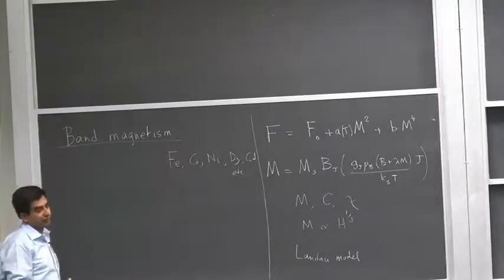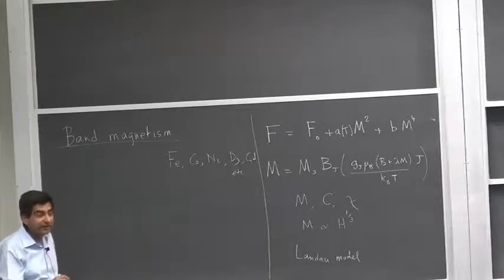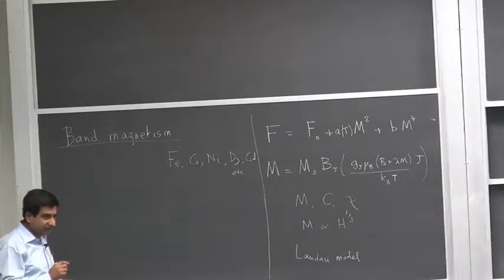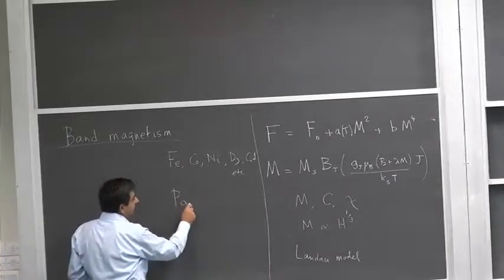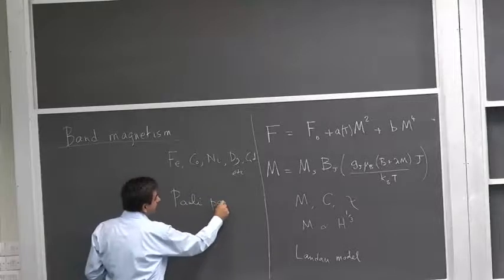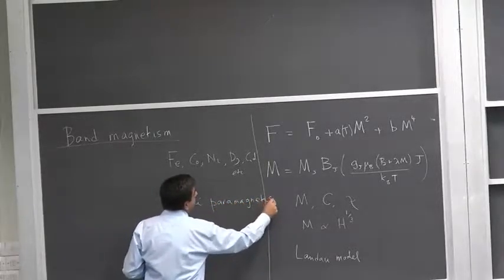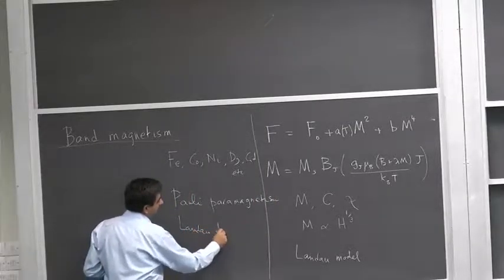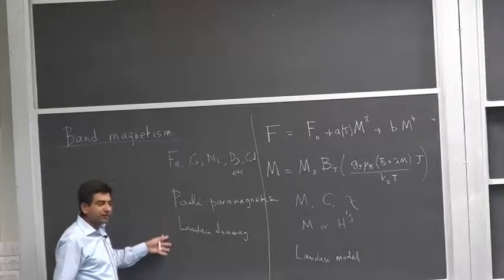Now these are band magnets. They have free electrons, and these electrons belong to a certain band structure. No doubt, we have seen free electrons in our study of magnetism, and we've seen that these free electrons give rise to Pauli paramagnetism, and they also give rise to Landau diamagnetism. But these are properties of free electrons.